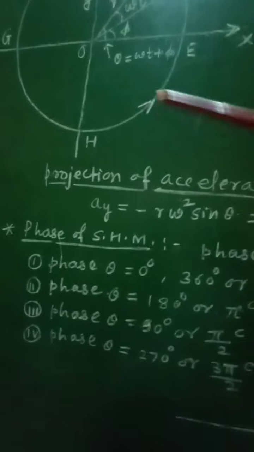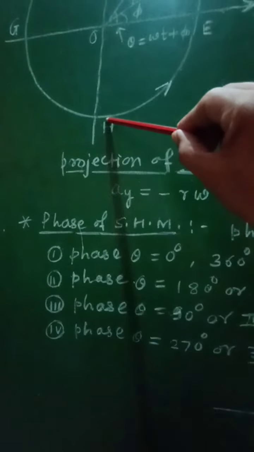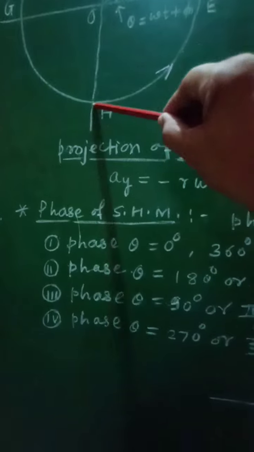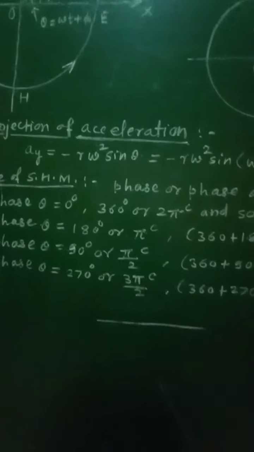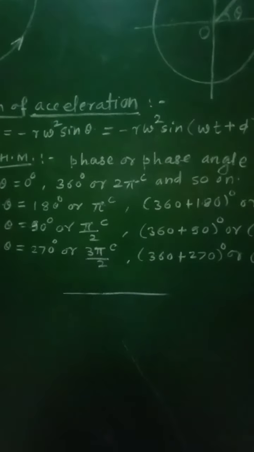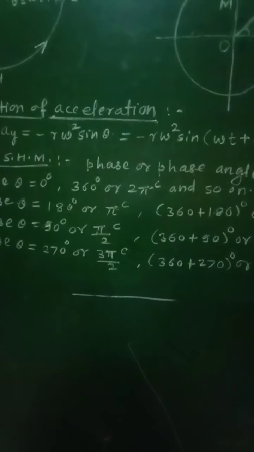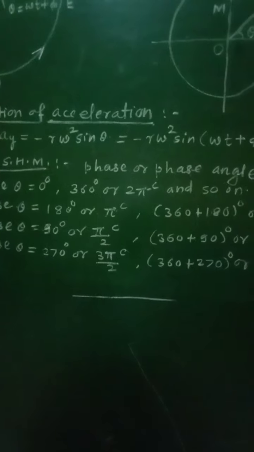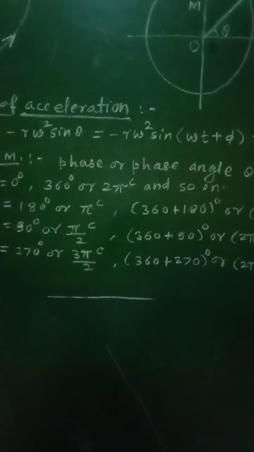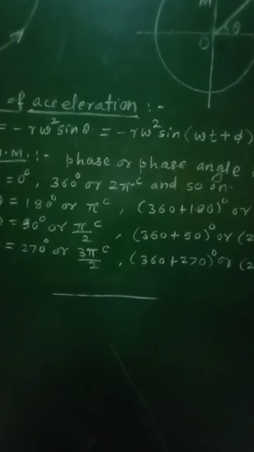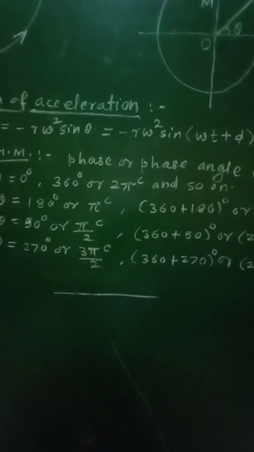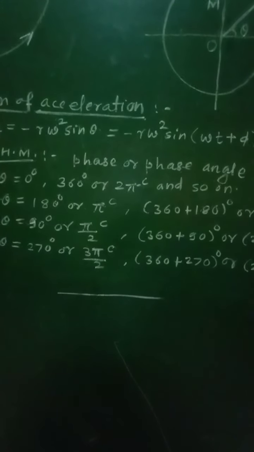So when theta is equal to 270 degree, the particle will be present at this negative extreme position, and when it completes one oscillation again, then for the second oscillation theta will be 360 degree plus 270 degree or 2 pi plus 3 pi by 2 radian, and so on.